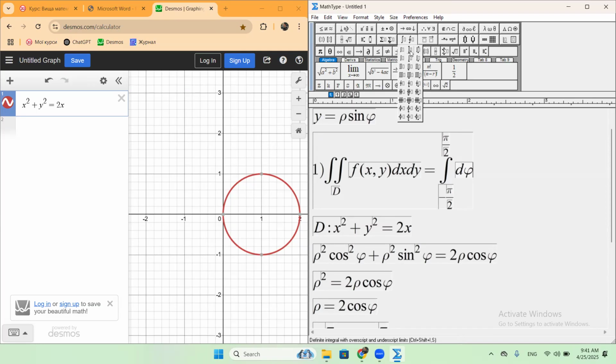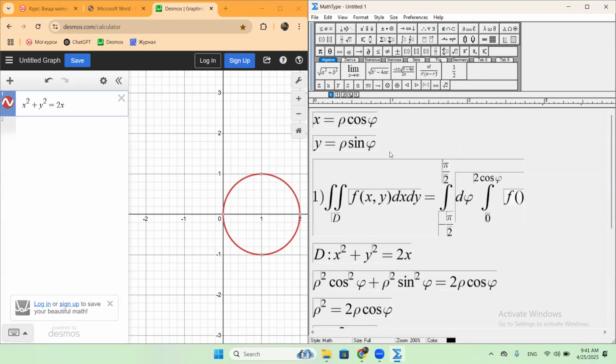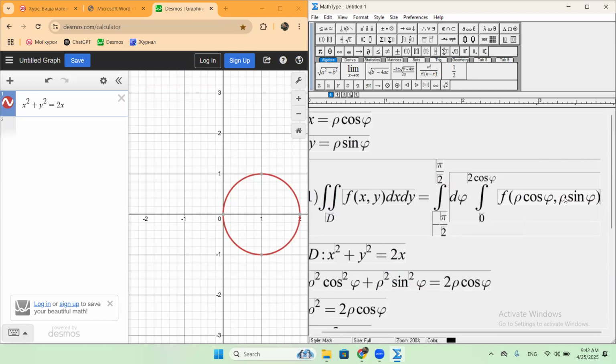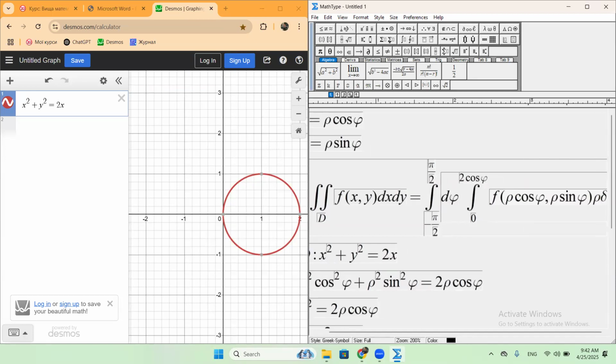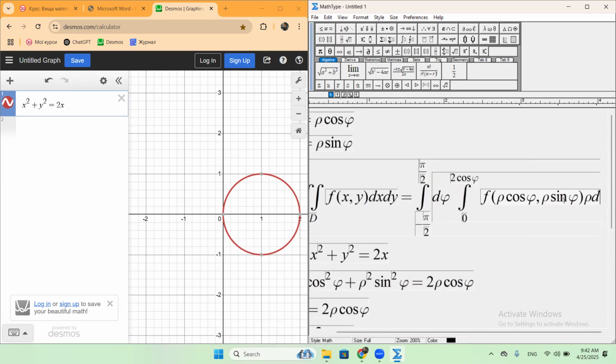And the inner integral from 0 to 2 cosine of phi, f of rho cosine of phi and rho sine of phi, multiplied by rho, d rho. So this is our integral in polar coordinates.